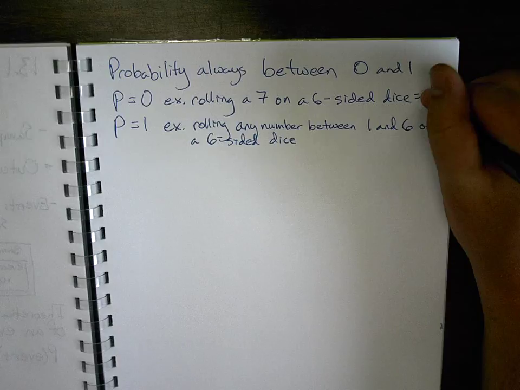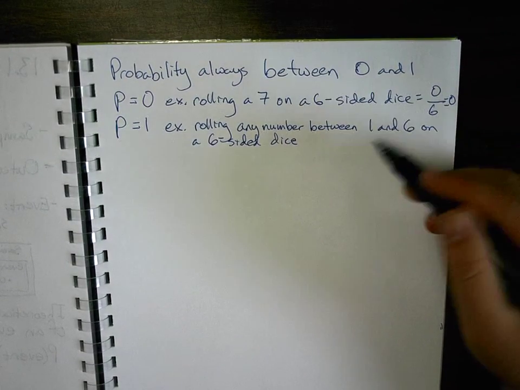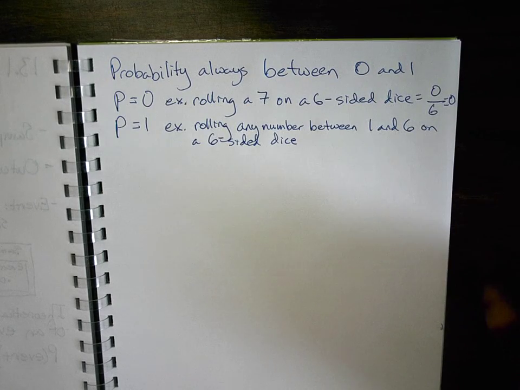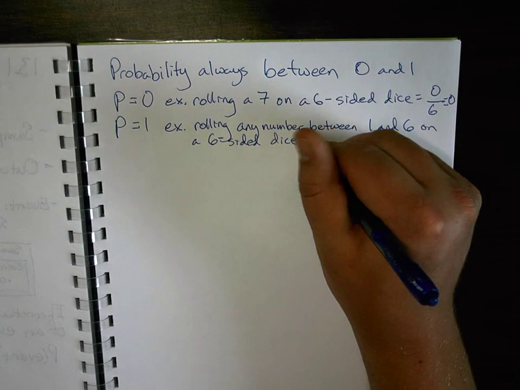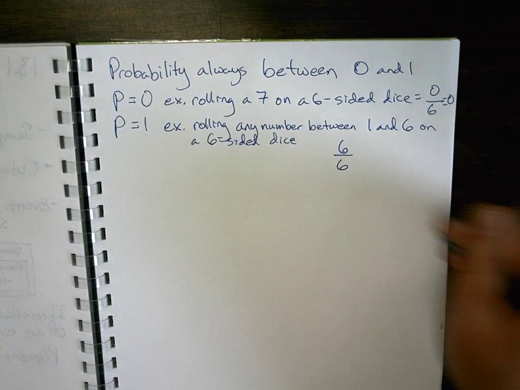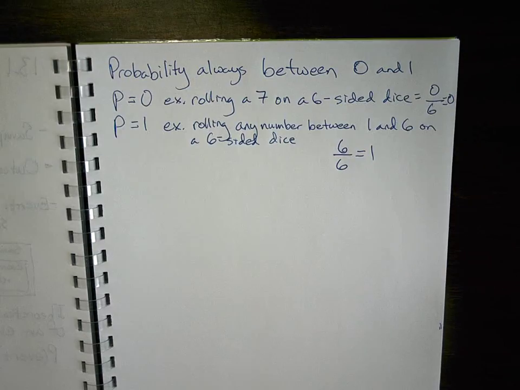And there are 6 options, so that's just going to be 0. If I said I'm going to roll any number between 1 and 6, well, numbers 1, 2, 3, 4, 5, 6 are already on the dice. So I have 6 favorable outcomes over 6 possible outcomes. My probability is going to be 1. I'm definitely going to roll some number between 1 and 6 on that dice.